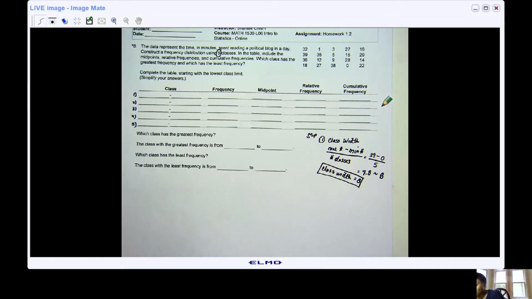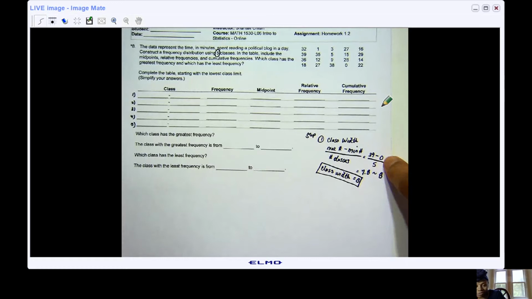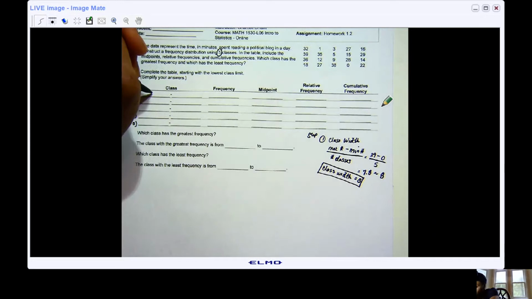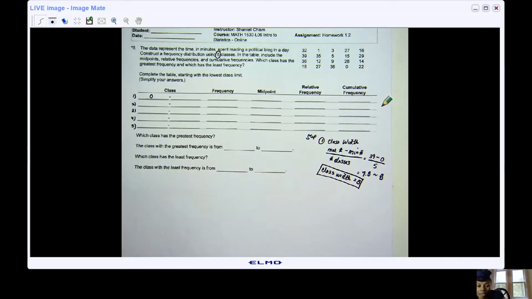Our first class will always begin with the minimum data entry, and we should already know what it is because we had to use it to get the class width. So your first class will start with the smallest data value, and that would be 0. From there, I'm going to find all of the remaining lower limits.